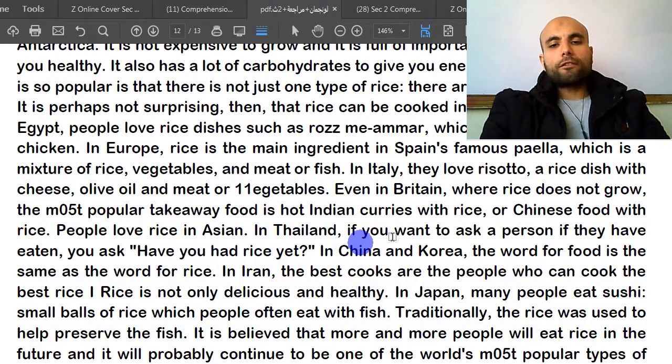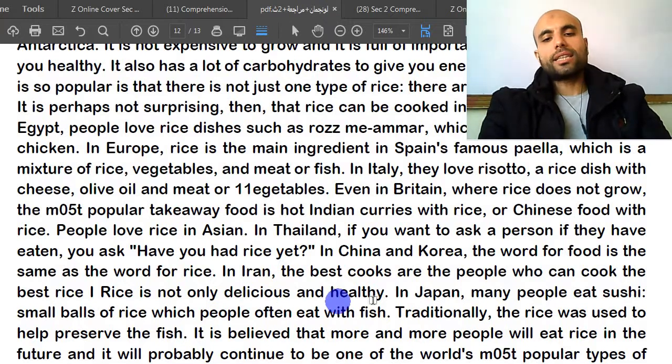In Thailand, if you want to ask a person if they have eaten, you ask, have you had rice yet? In China and Korea, the word for food is the same as the word for rice. In Iran, the best cooks are the people who can cook the best rice. Best rice is not only delicious and healthy.